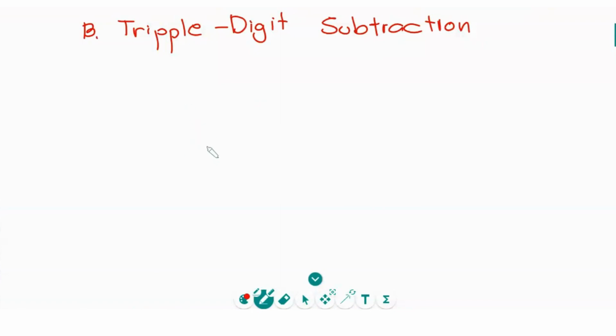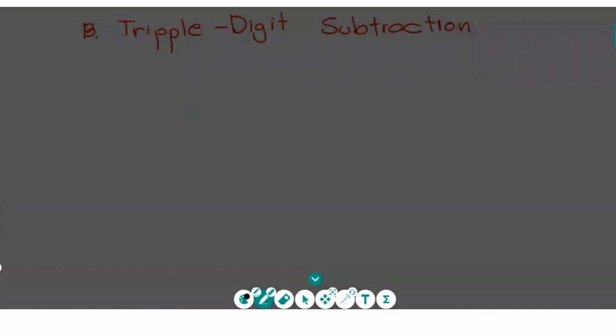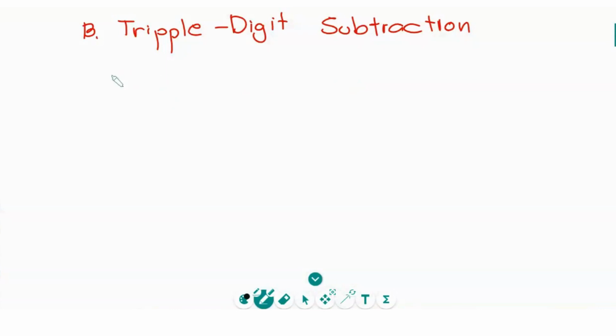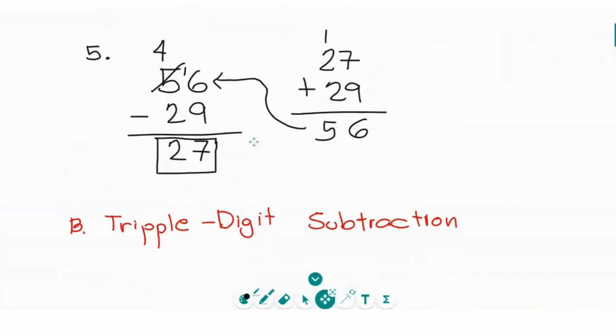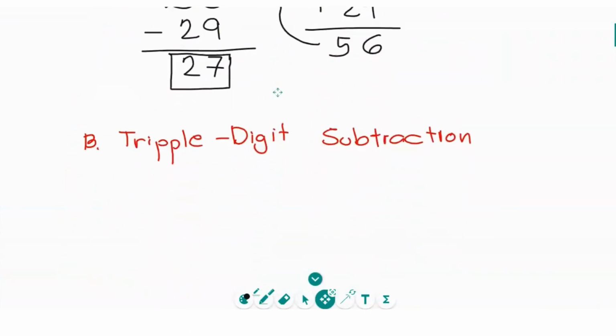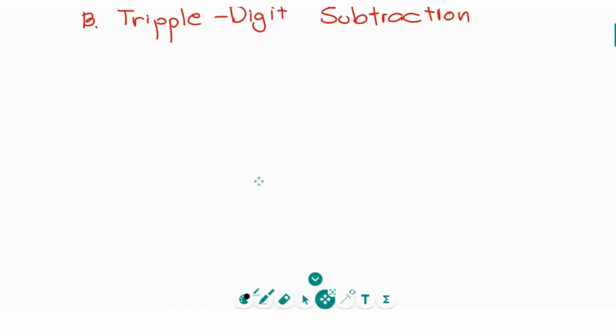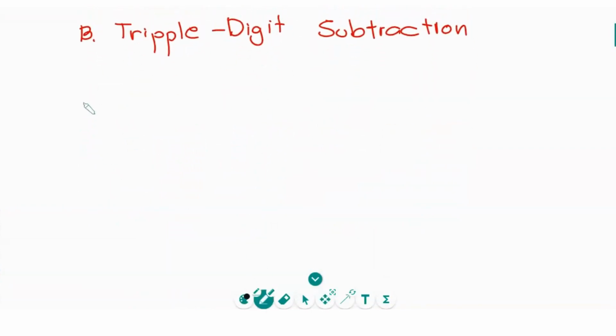Okay, so this time we will continue the numbering for the number of problems that we've been solving. We ended at number 5, so we will continue to number 6.